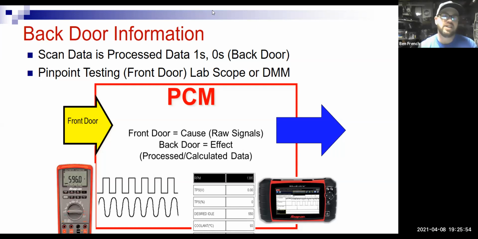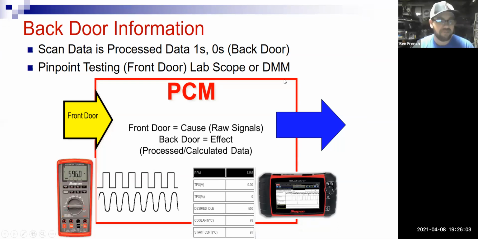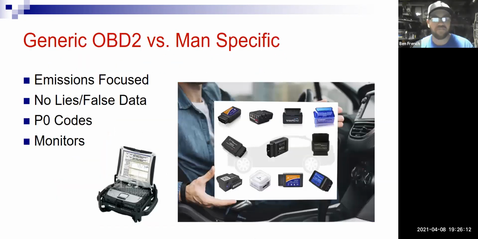And even for things like codes, if I set a code for that, it doesn't necessarily mean that's what's wrong. That's what the computer thinks is wrong. It doesn't necessarily mean that that's what's really wrong, right? So always keep in mind that the scan tool is pulling backdoor or processed information, okay?